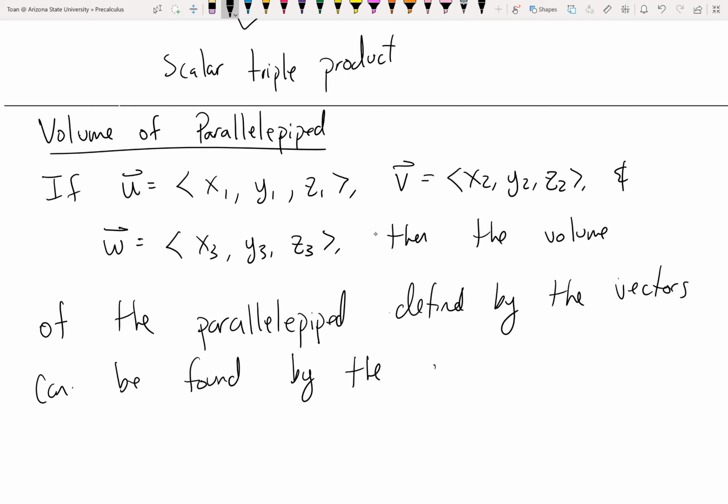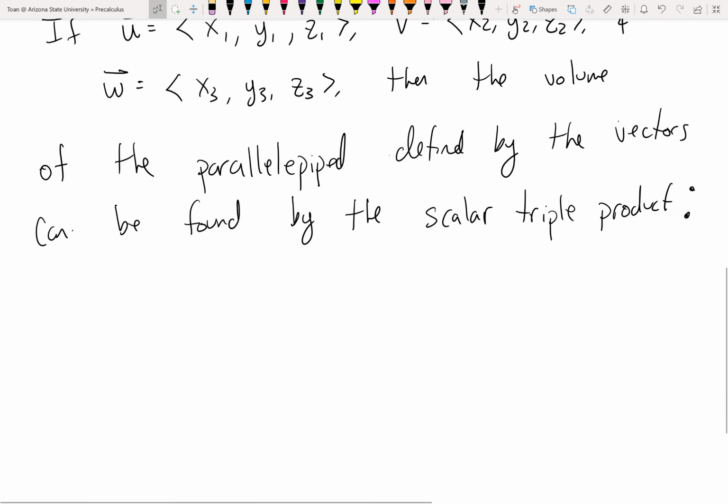The order always confuses me. Scalar triple product. And here's the scalar triple product. It's going to be vector u dot the cross product v cross w.